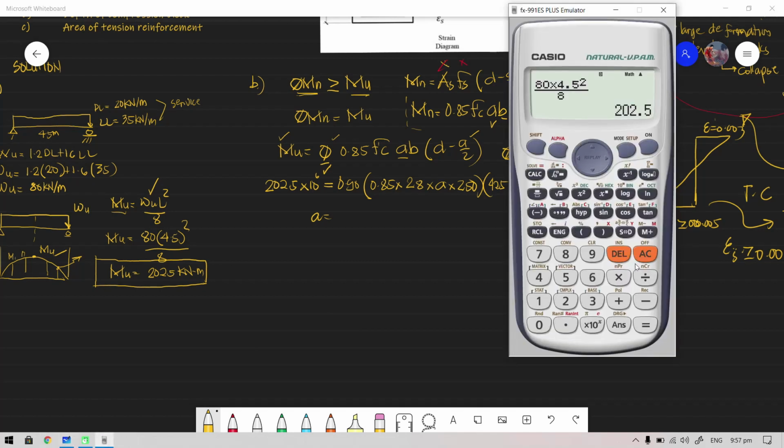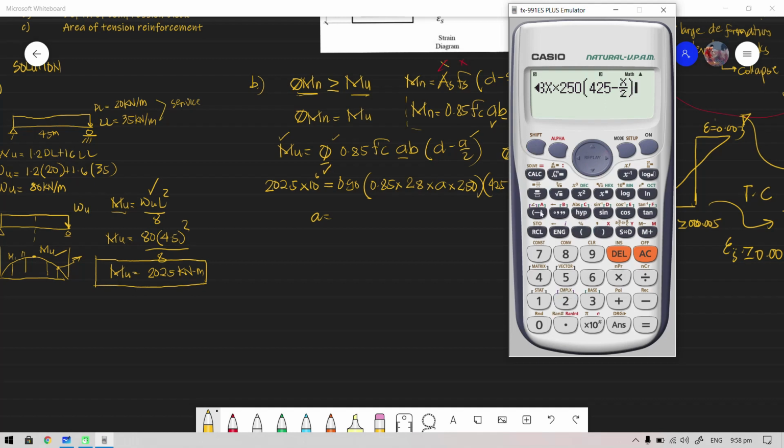So, 202.5 times 10 raised to 6. Okay? And then, equate mo yan sa 0.9 times 0.85 times 28 times A, unknown natin yan, times 250 times (425 minus A over 2).